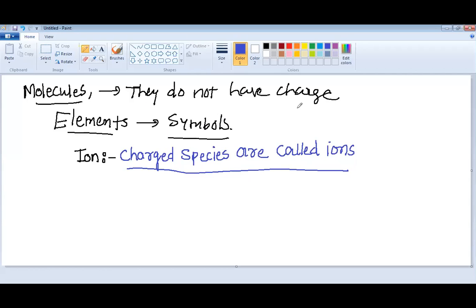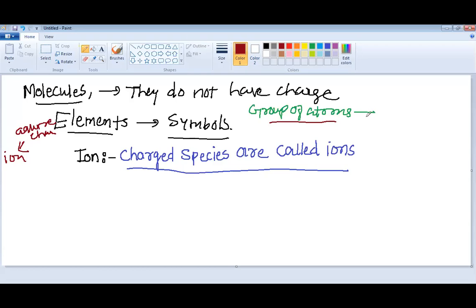If a molecule or a group of atoms has a charge, they become ions. If elements acquire charge, it becomes an ion.